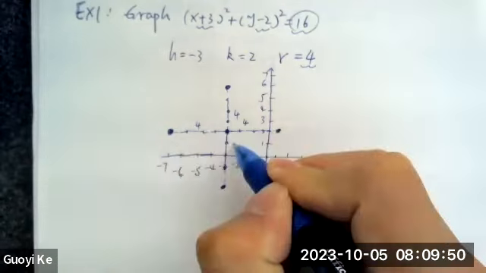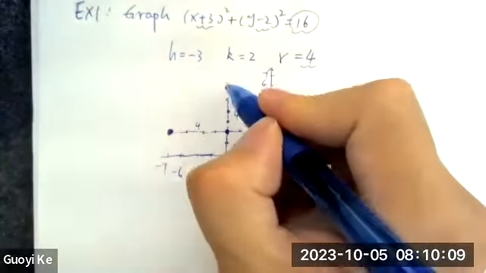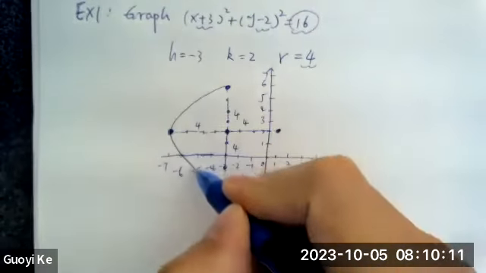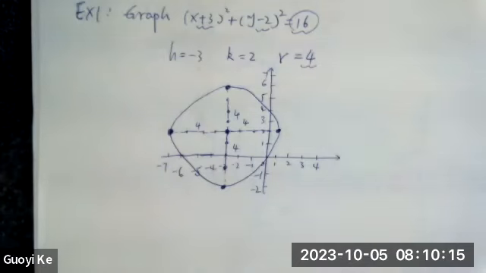Because the radius is 4. So we got 4 points, and you can connect all these 4 points. That's it. That's the circle.